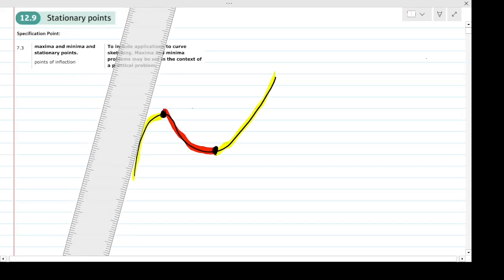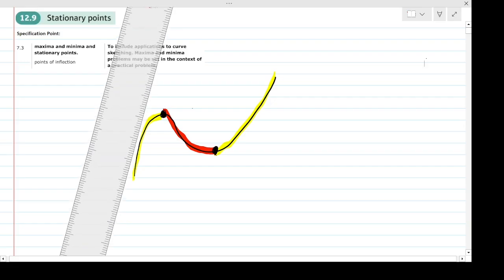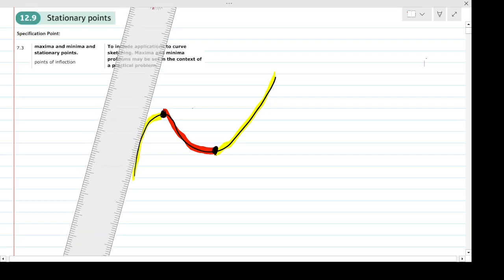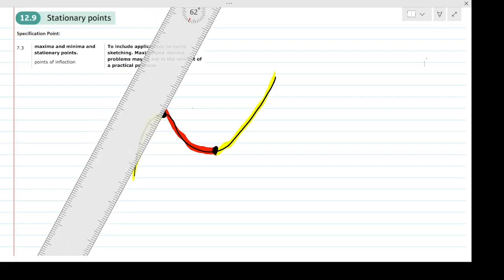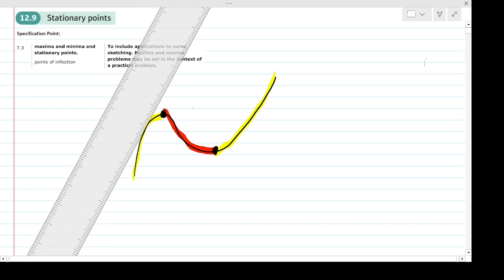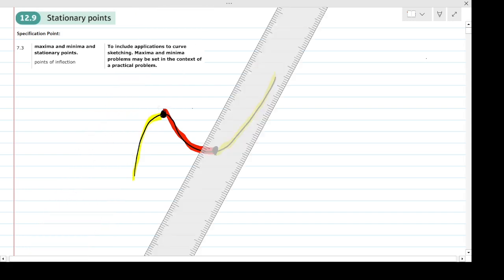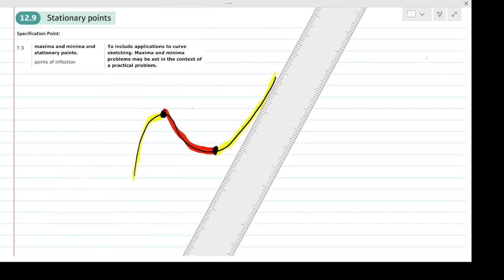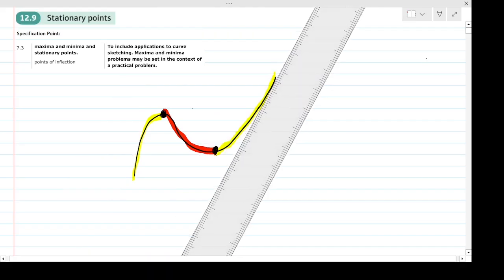In the first yellow region it's going up, and even if we move to the other yellow side, it's increasing as well. So basically, increasing means that the gradient is positive.